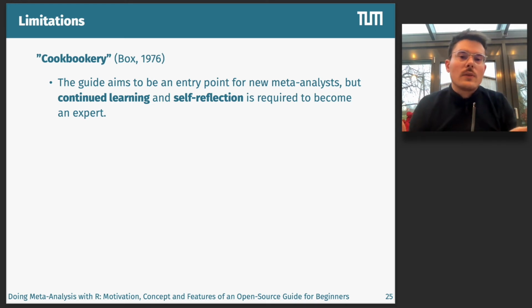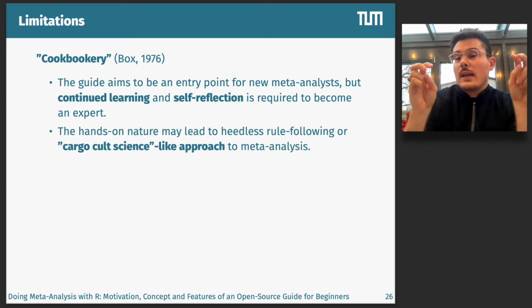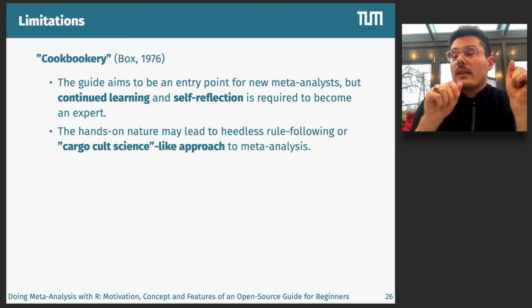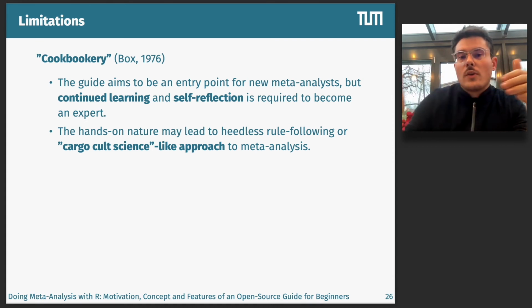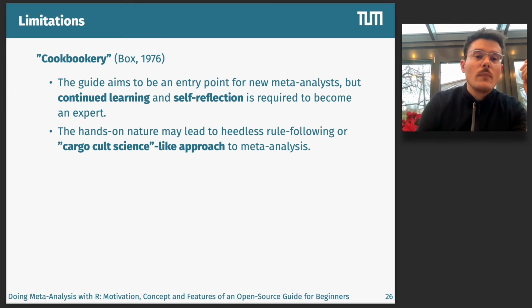The hands-on nature of the guide may potentially also lure people into following a sort of cargo cult science-like approach to meta-analysis, where you simply follow certain rules or procedures because others do so, but not out of an actual understanding of the subject matter.